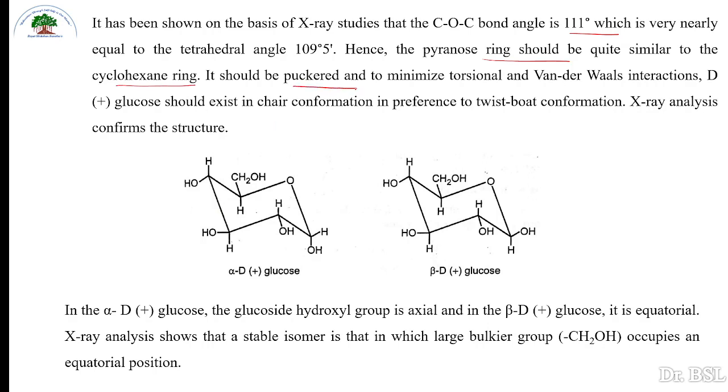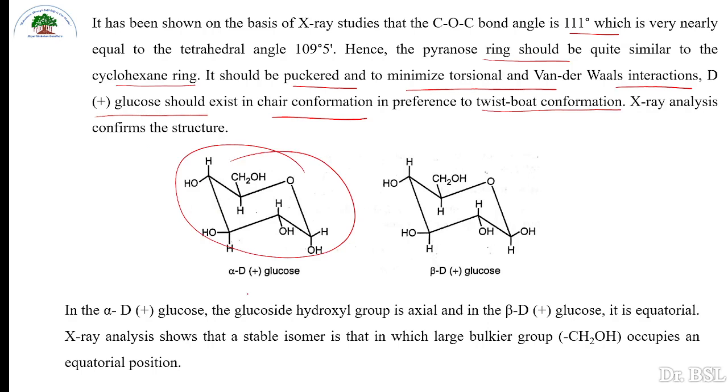It should be puckered, and to minimize torsional and van der Waals interaction, D-plus-glucose should exist in the chair conformation in preference to the twist boat conformation. X-ray analysis confirms the structure.